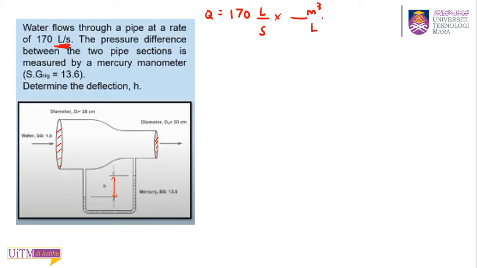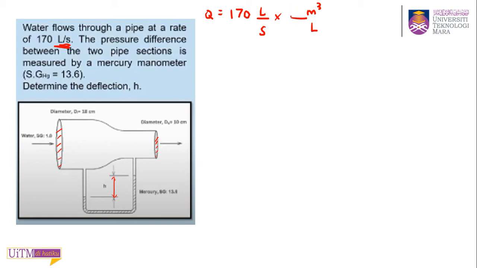What do we do to change this 170 to get meter cube per second? Multiply by 0.001.